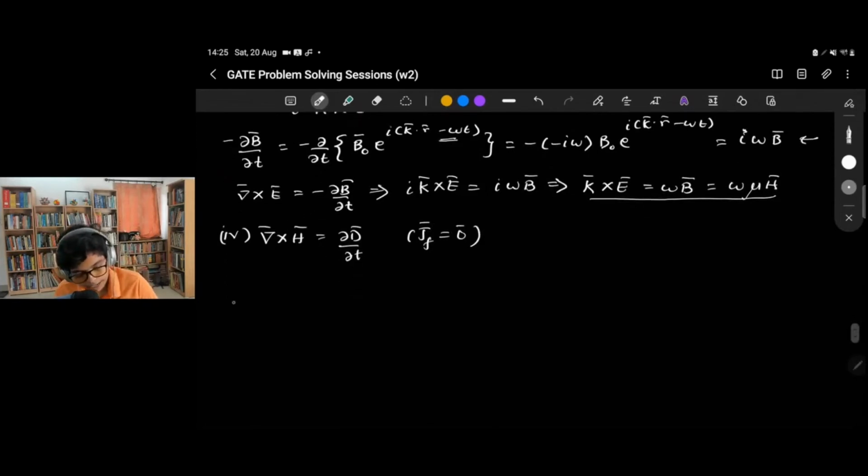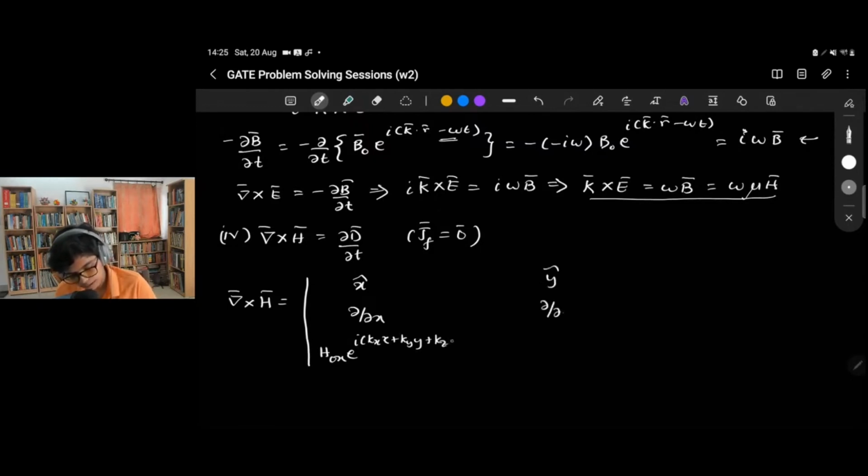And I can write down the determinant form for finding this curl, pretty much similar to what I did for curl of E. So you have x cap, del by del x, H naught x, e to the power i (kx x plus ky y plus kz z minus omega t), then y cap, del by del y, same exponential term, and then z cap, H naught z, same exponential term. And you can expand this determinant just like we did previously.